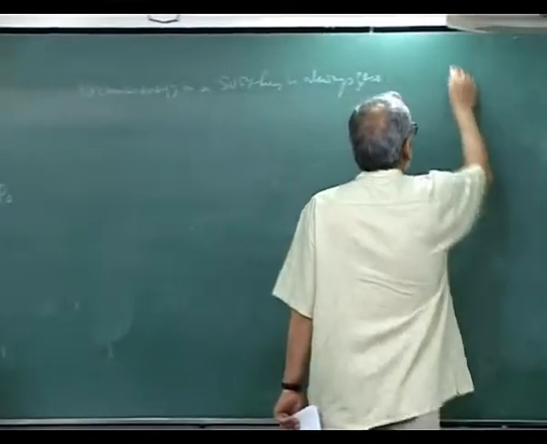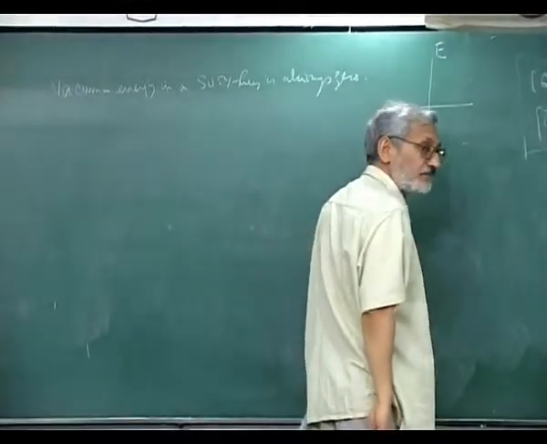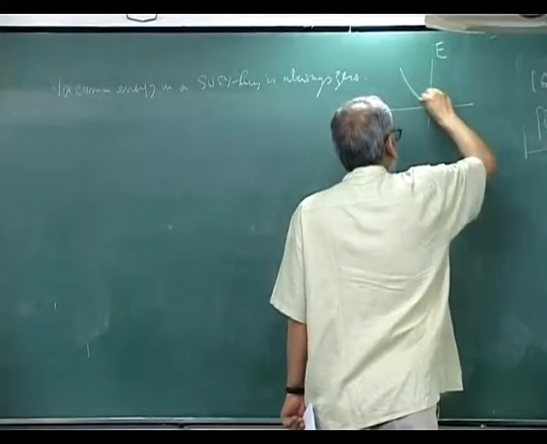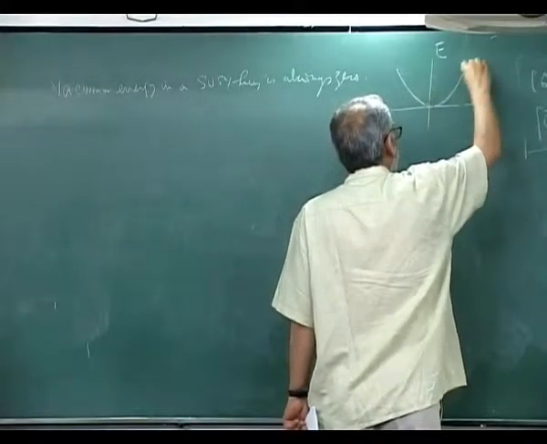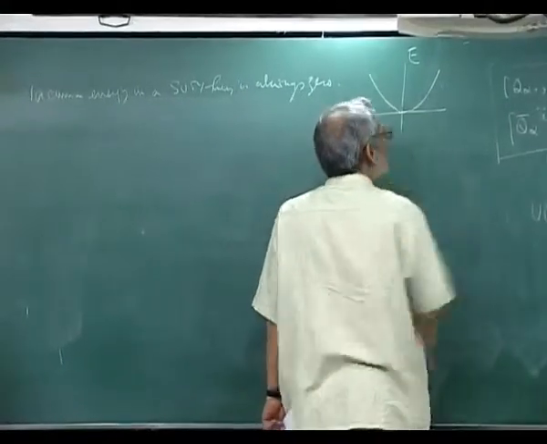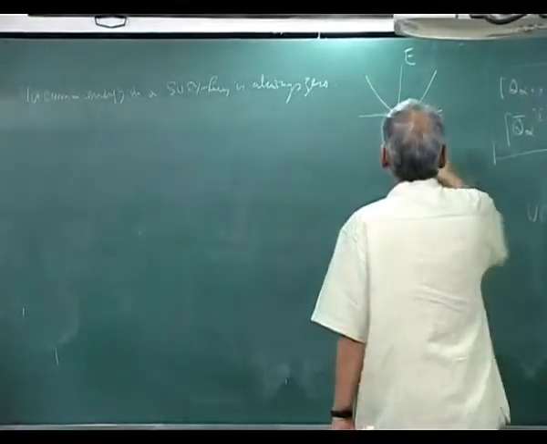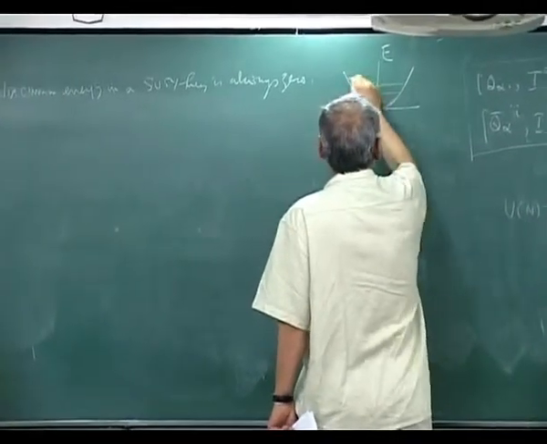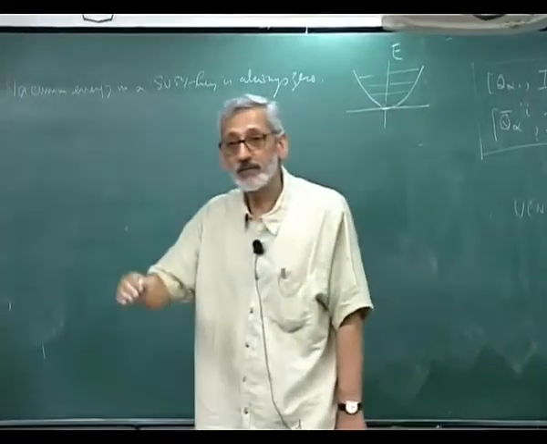So if I plot energy, then in a supersymmetric theory, the minimum of this energy is at 0. And then you could have other states. All other states would be positive energy.